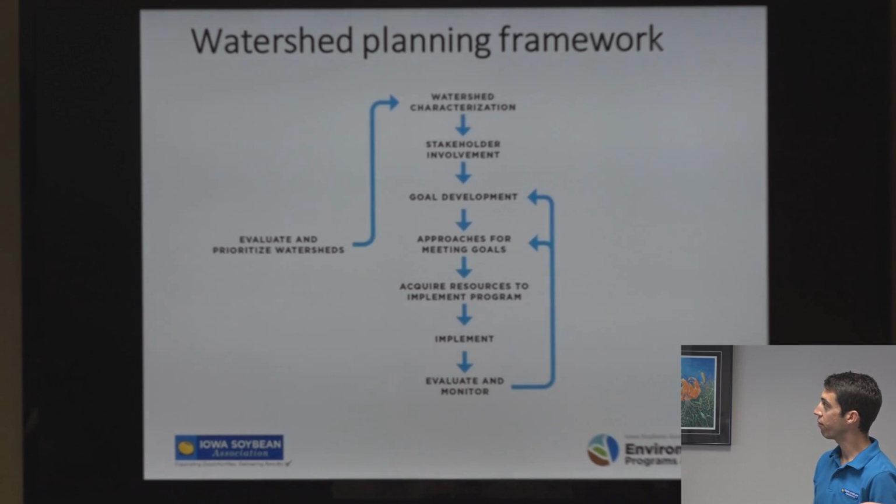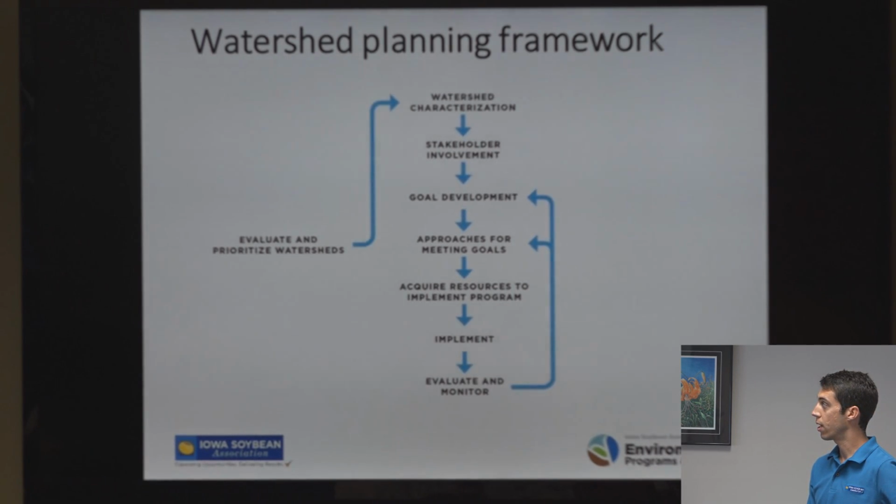So the watershed planning framework is kind of this conceptual approach to how we develop watershed plans. And the first piece of that is to choose which watersheds we're planning in. So that can be done a number of ways. In the Upper Cedar, they have, in their Huck 8 watershed plan, highlighted a number of high priority Huck 12 watersheds. We can also prioritize based on local desire for a watershed project.